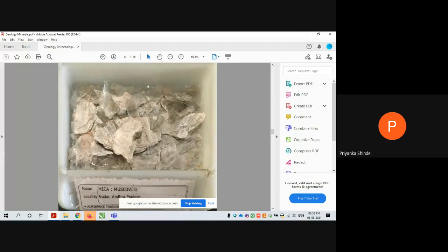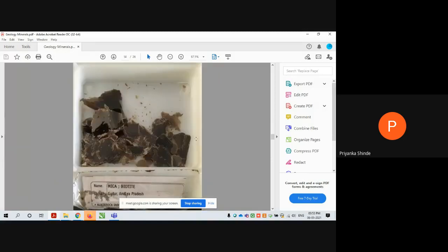Then it is also found in igneous rocks like granite and pegmatite. These are the rocks in which it is found, but it is present as an accessory mineral. Then the important thing is where it is used. The muscovite mica and biotite mica both are used in electrical and electronic insulators.